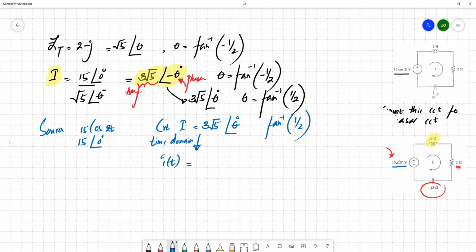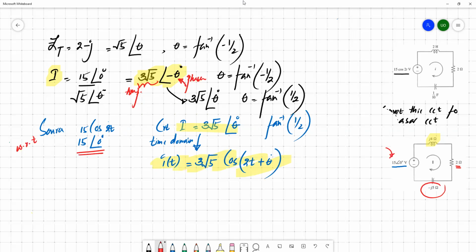You can put the magnitude as it is, and this theta is with respect to this cos 2t. So you can simply write cos 2t plus theta. This is the current response. This is the current phasor, and everything is with respect to this.